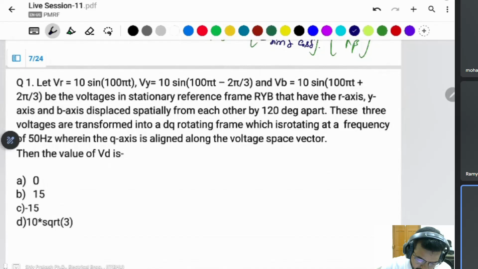These three voltages are transferred into a DQ rotating frame which is rotating at a frequency of 50 Hz, whereas the D axis is aligned along the voltage space vector. Then asking the value of Vd.